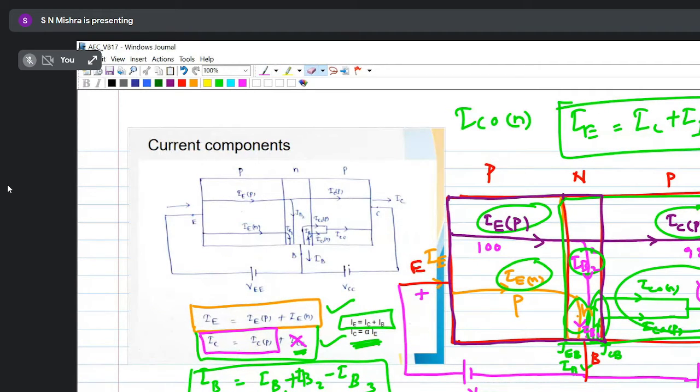Yesterday I gave all these equations. IC equals this plus this. If ICO is not there, then IC equals only ICP.